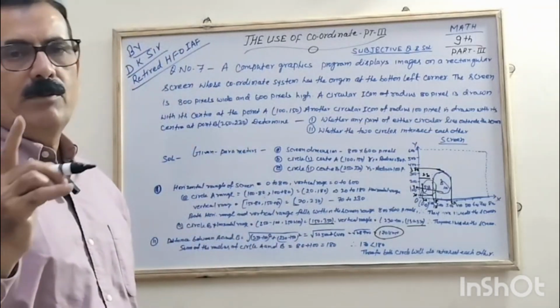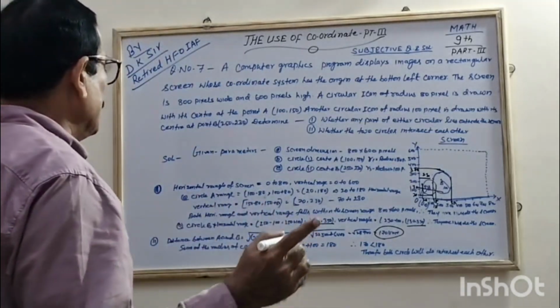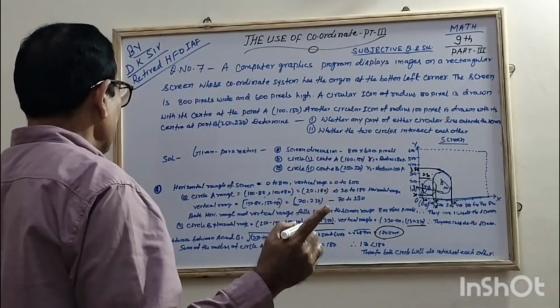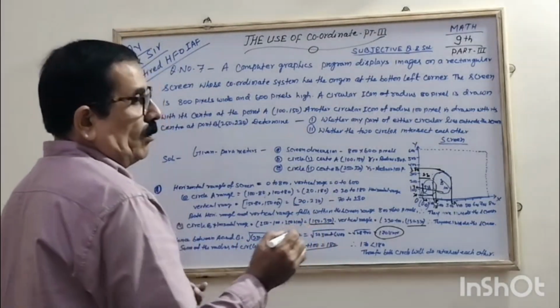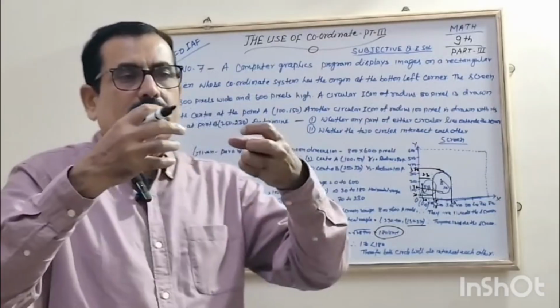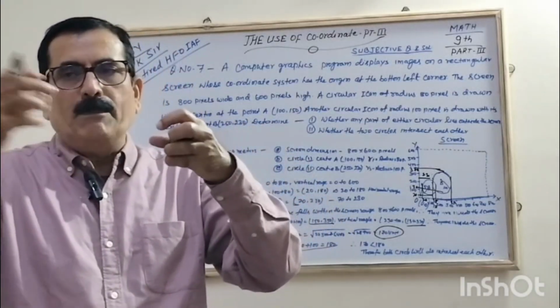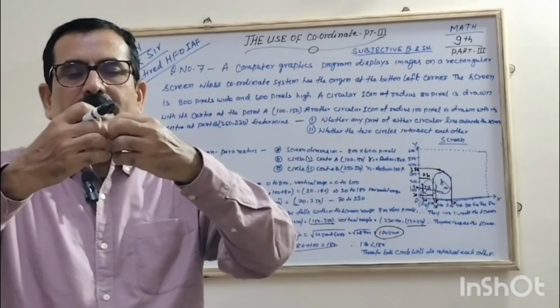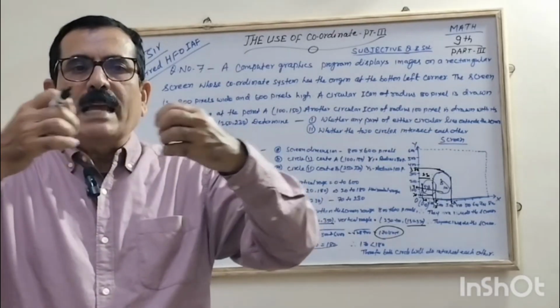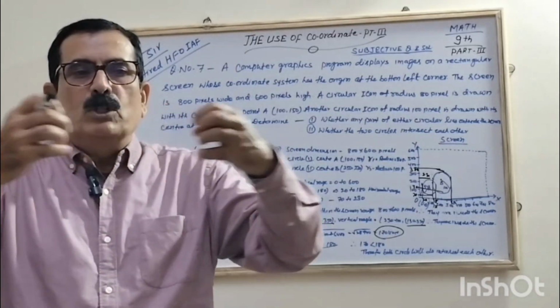170 units, understood? Or 170 pixels, whatever you say. The sum of the radii of both is 180, which means if there is a gap of minimum 80 plus 100, 180, then only both will be touching each other. If it is more than 180, both will be separate.